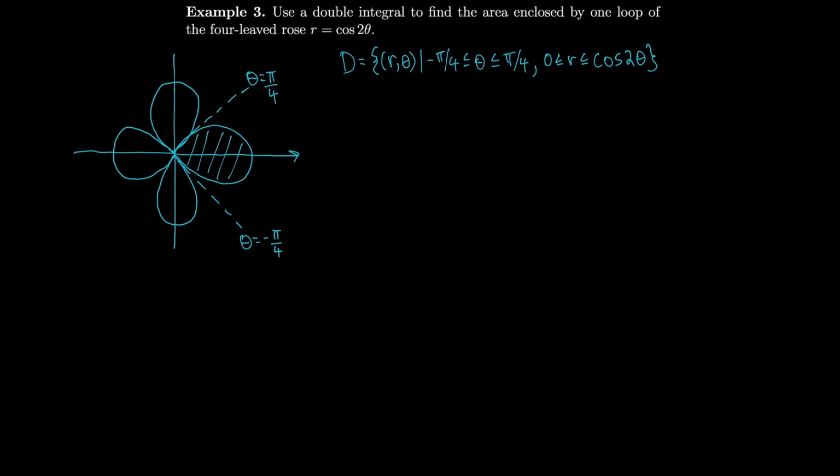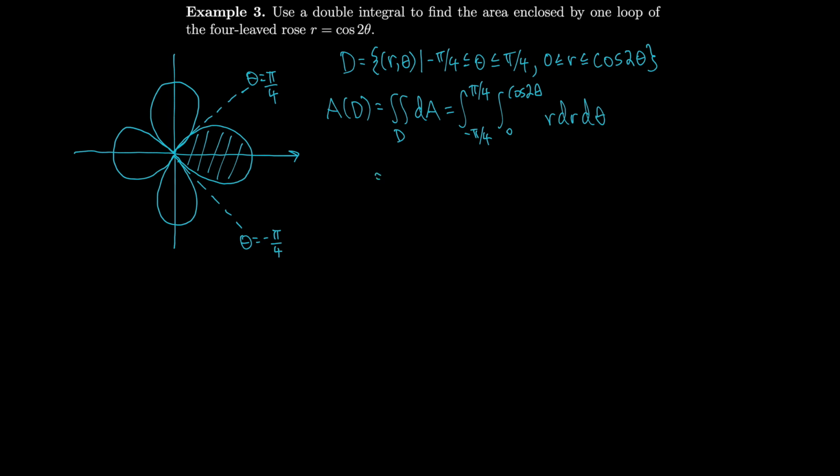Okay, so now I want the area of D. So the area is just the double integral of 1, remember? Same as it was in rectangular, except that we'll convert from rectangular to polar. So we'll do the integral from minus pi over 4 to pi over 4 for theta, and then on the inside from 0 to cosine 2 theta for r of 1 times dA, so dA becomes r dr d theta.